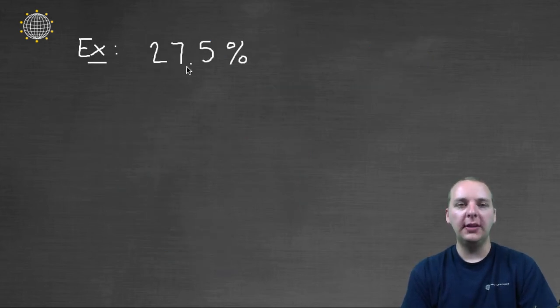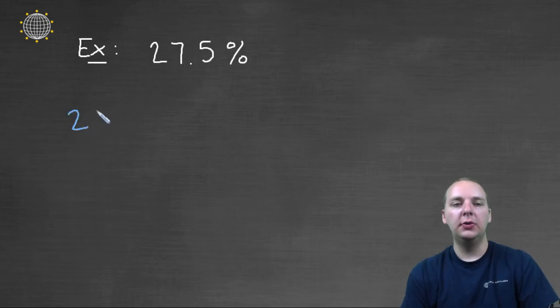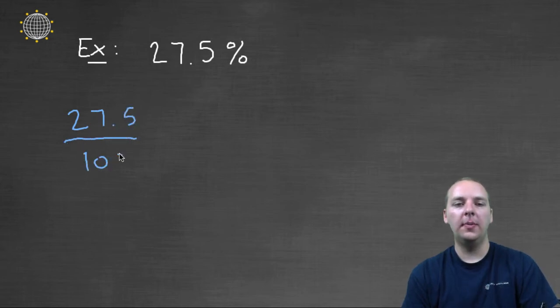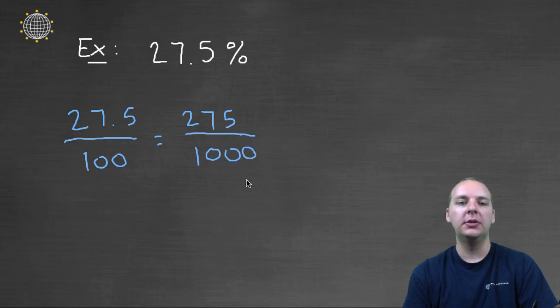All right, let's see here. Last example, 27.5%. So for this, we're going to write it as a fraction. So this would be 27.5 out of 100. And I can actually rearrange these decimal places so I get whole numbers. You can actually think of this as 275 out of 1,000. Just so we're dealing with whole numbers here. And then I would just simply reduce this fraction.